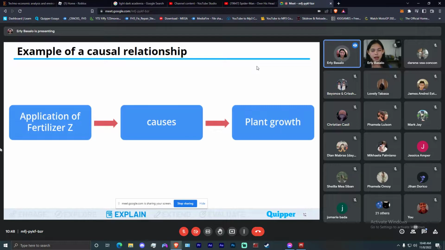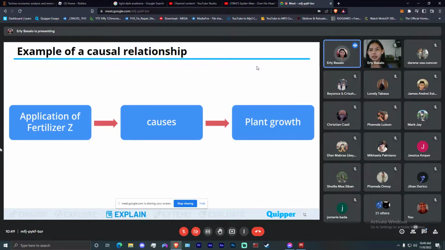Example, we have this diagram, application of fertilizer Z, then the causes plant growth. So this can be applied with the study of group 2, which is conducting an experimental study where they will use two kinds of organic fertilizer.